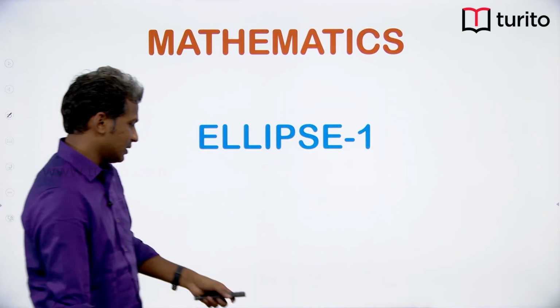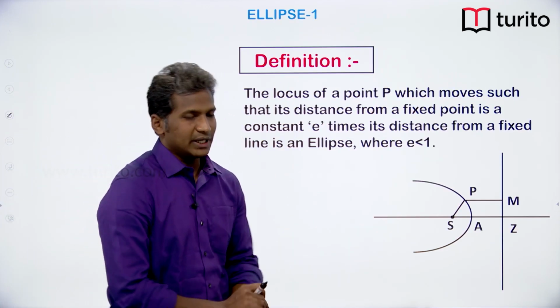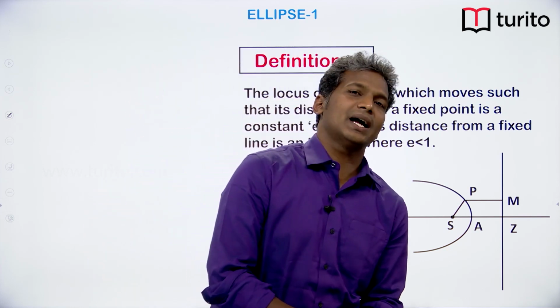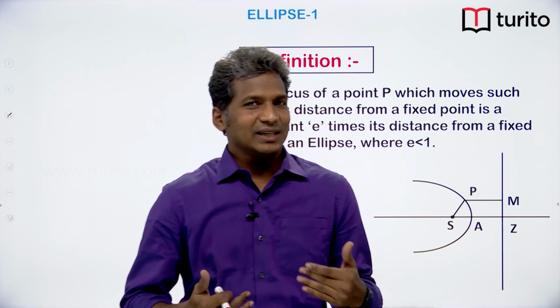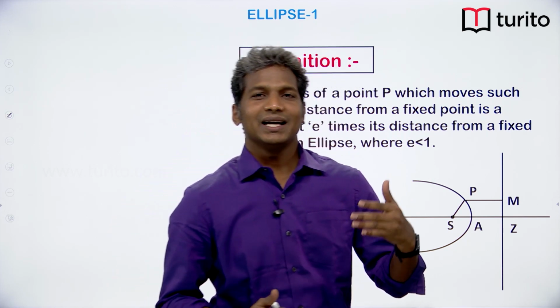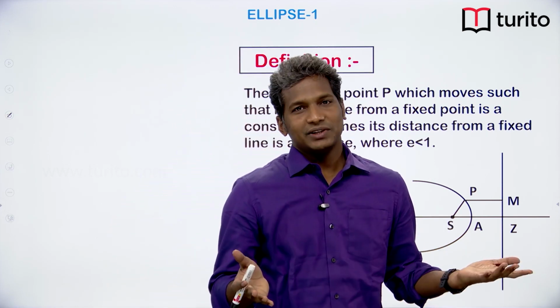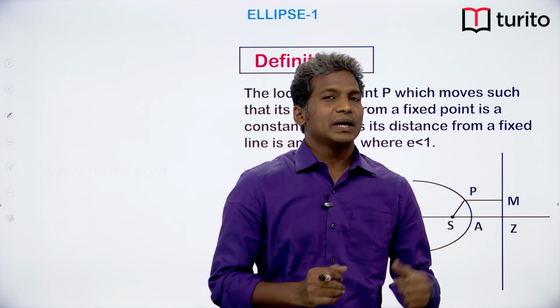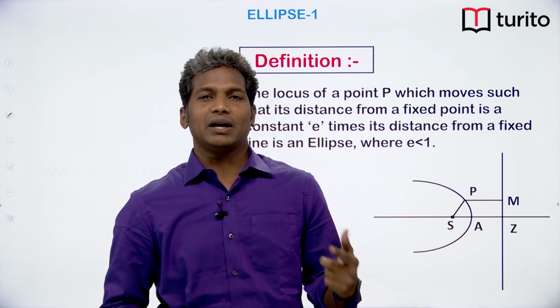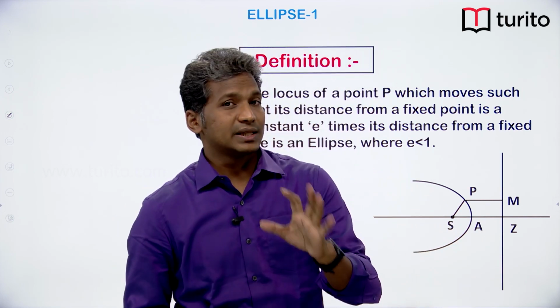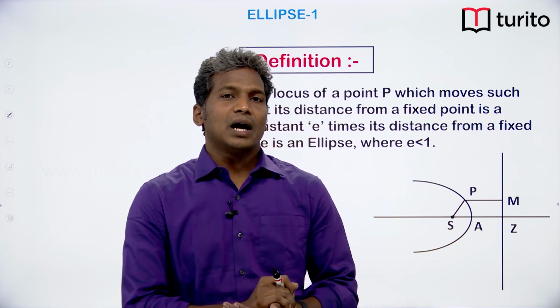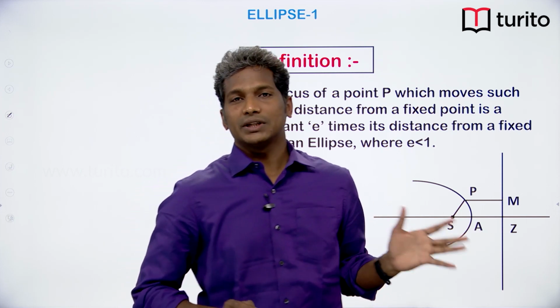Now, this chapter is actually a very important chapter both from mains and advanced point of view. You might be wondering, I keep telling the same statement before starting any chapter, but that is right, every chapter is of course important, but from the ellipse and hyperbola every year we are getting at least 1 or 2 questions at least in mains, and in advanced also we keep getting questions.